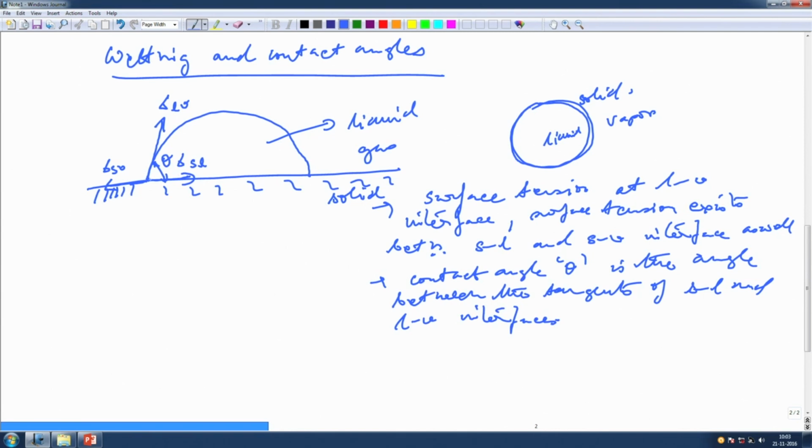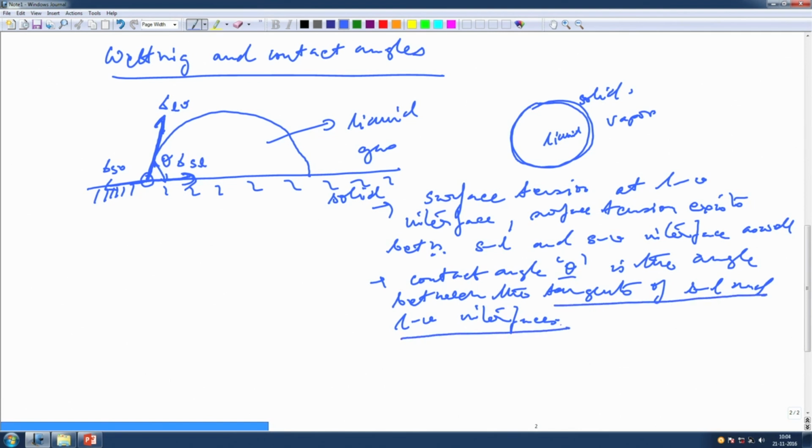So, there is an LV interface, and there is an SL interface. If you draw the tangent, of course, with a solid surface the tangent is nothing but the horizontal line. The LV interface, at that particular point, is the tangent that it makes. If you draw a tangent to the liquid surface, that is basically the angle. So, this is the contact angle, the angle between the tangents of the SL and the LV interfaces.